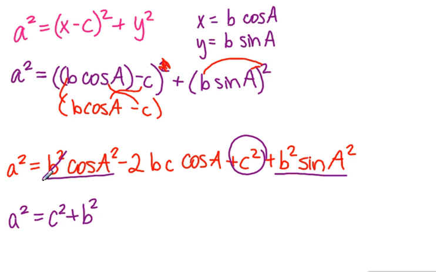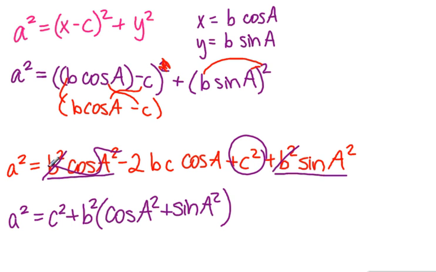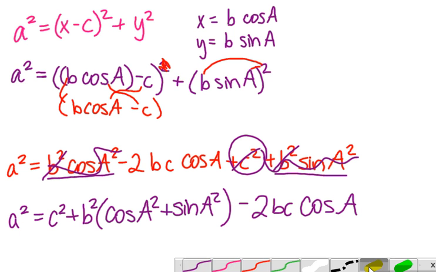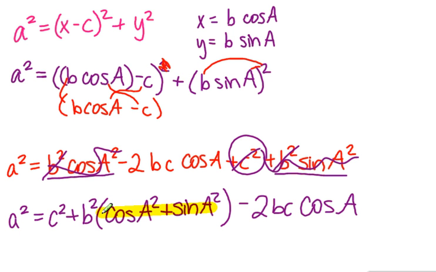So when I take that out, I've got cosine A squared plus sine A squared, minus 2bc cosine of A.